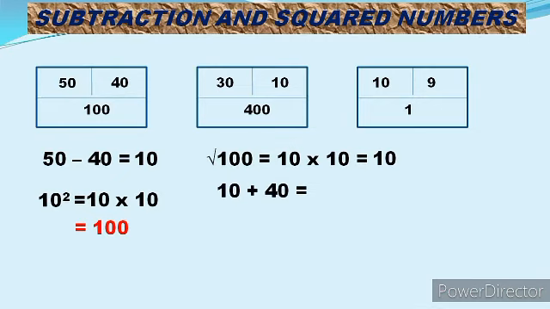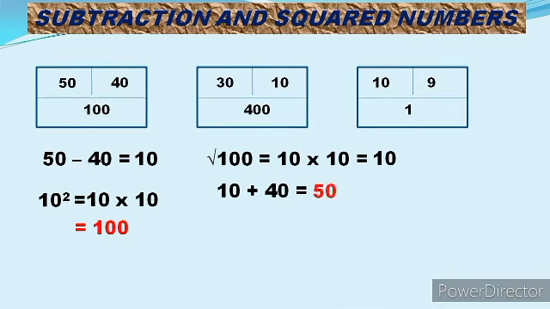Now to get 50 from our 10 is very simple. What you do is to add what you got in your square root to 40, and you get your 50. Very simple.